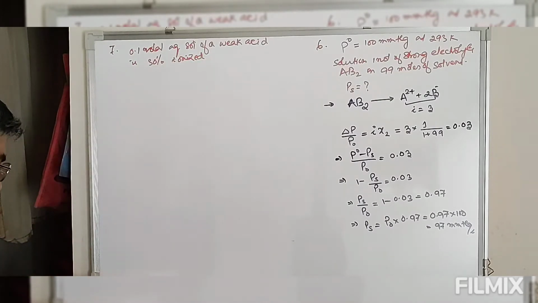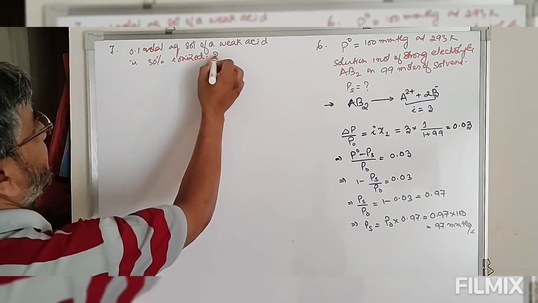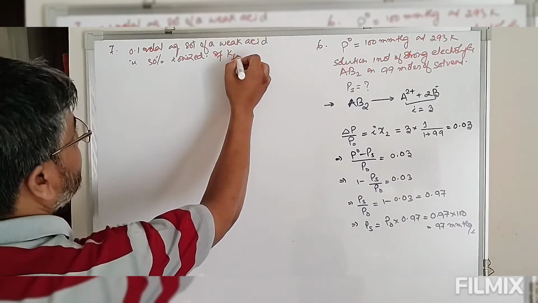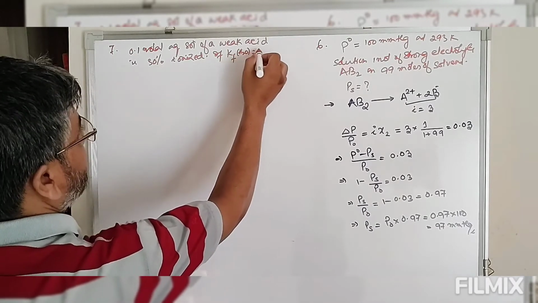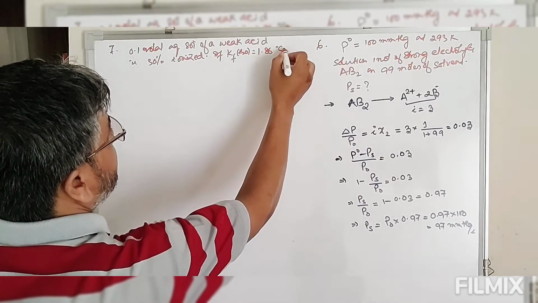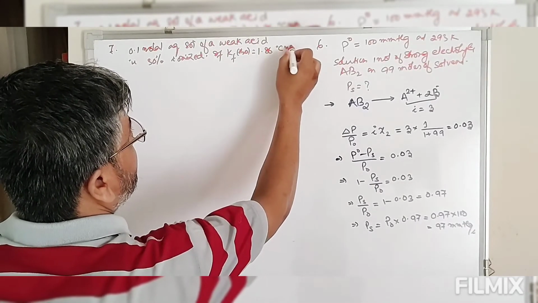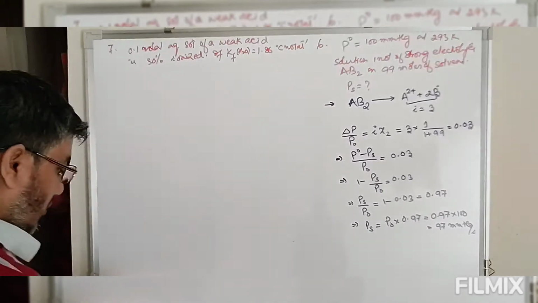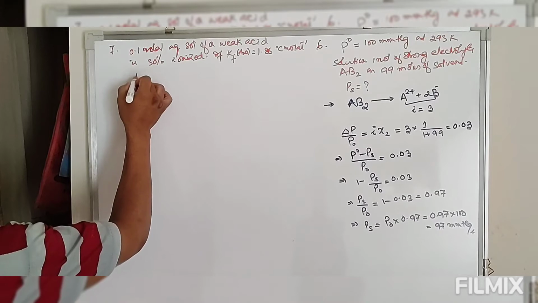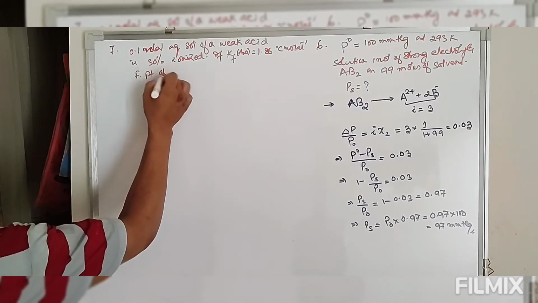If Kf of water is 1.86 degrees centigrade per molar, what is the freezing point of the solution?